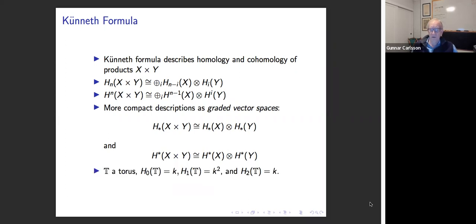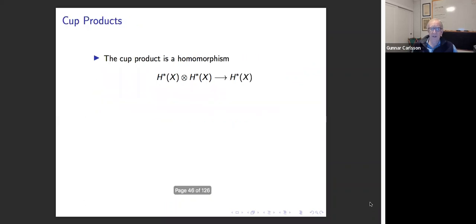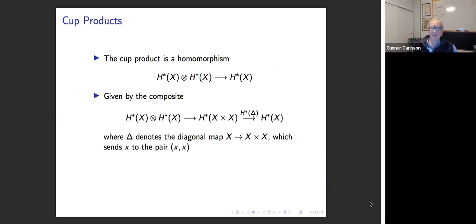Now, again, for the torus, this is our statement here. The cup product is a homomorphism like this of graded vector spaces. It's given by a composite.